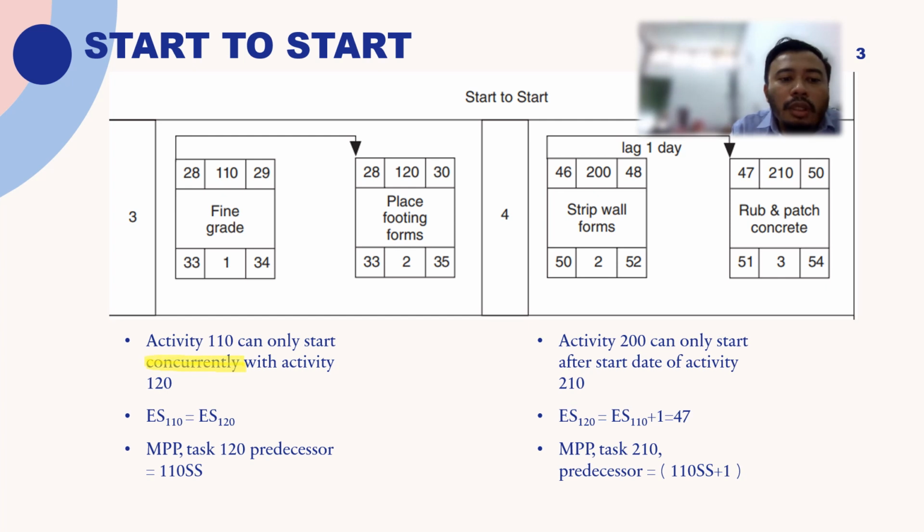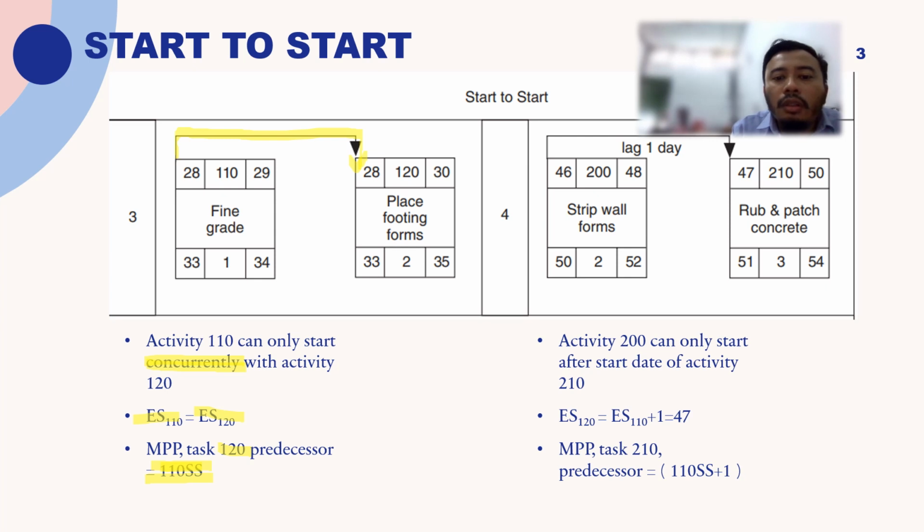Activities 110 and 120 can start concurrently, as you can see in this relationship, start to start. So the earliest start of 110 is equal to the earliest start of 120. In Microsoft Project, you can write it in the task 120 predecessor as 110 SS, so 120 can only start concurrently with 110.